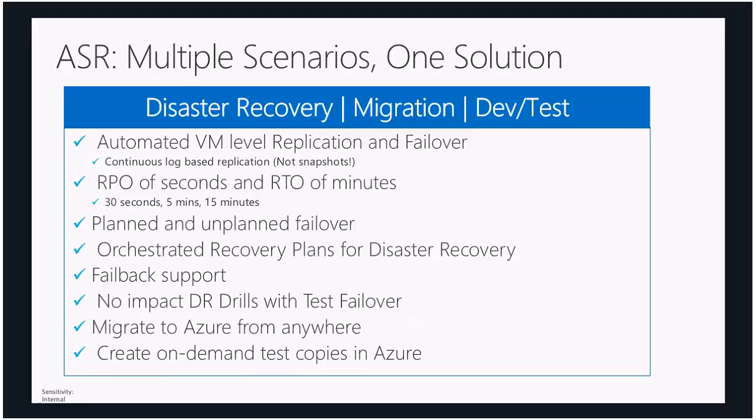And recovery time objective, how quickly can we ensure that our systems are back up and operational to ensure that our business continues as normal? We have planned and unplanned failover with recovery plans. And this is actually quite powerful because you can test your DR playbook, your runbook, and be confident that the solution works before a disaster actually occurs.